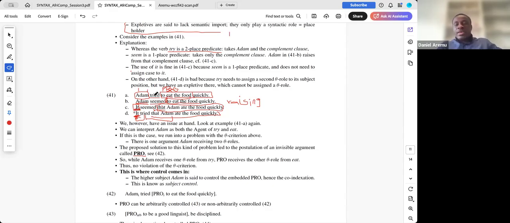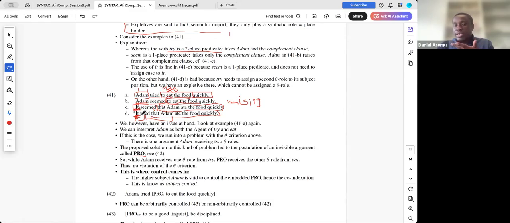Now, one thing I want to pick from everything here is that try is a two-place predicate, seem is a one-place predicate. And because try is a two-place predicate, that is why 49D is ungrammatical. Why? Because try has assigned one theta role to the embedded clause, but it needs to assign another theta role because it's two-place. But now we have an expletive there, and that's not possible because we know that it cannot take a theta role.